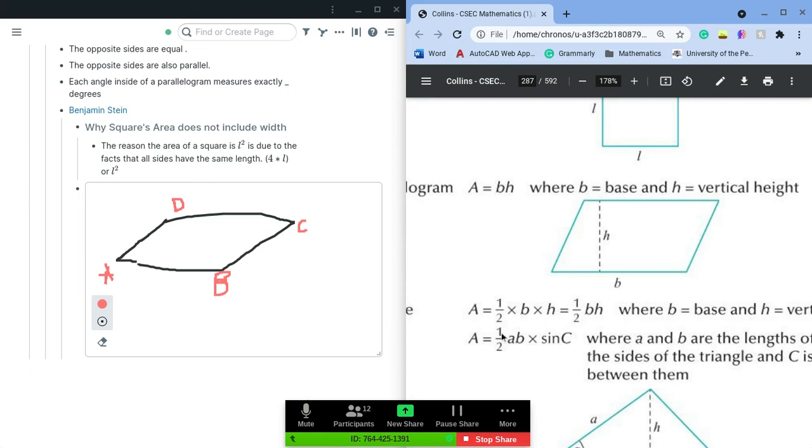Anybody? Wouldn't it be the same 90 degrees even though it is at a slant? Each angle in a parallelogram still measures 90 degrees, and we call these the interior angles. Alright? So put this for me. The interior angles in a parallelogram all measure 90 degrees.